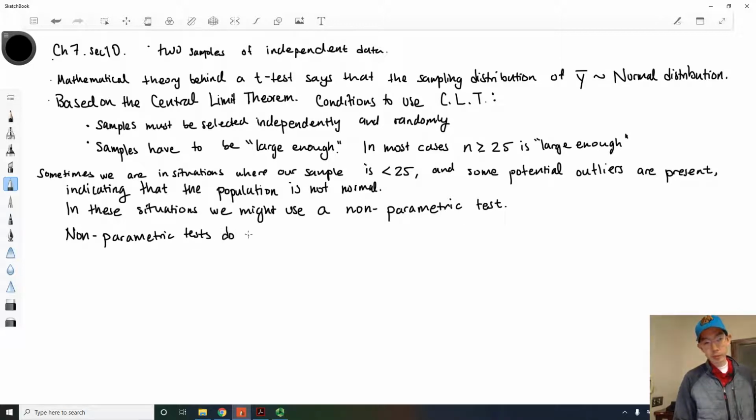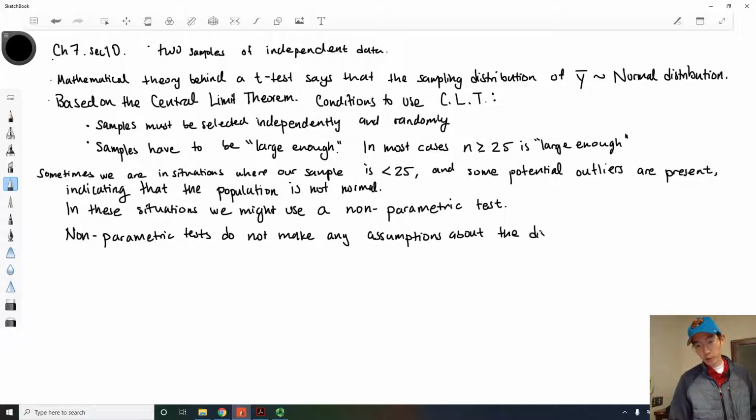Non-parametric tests do not make any assumptions about the distribution of the population.